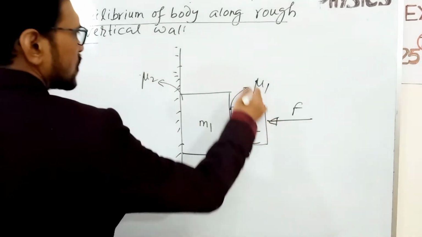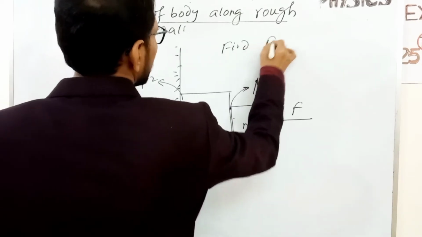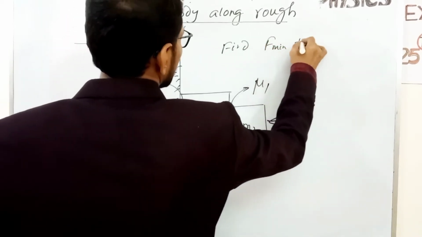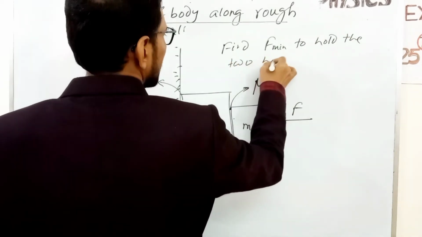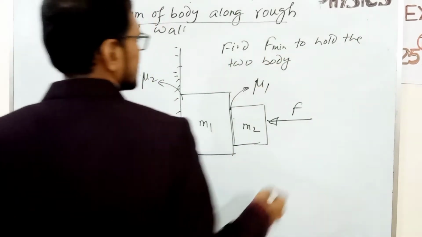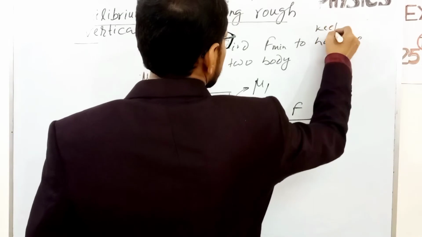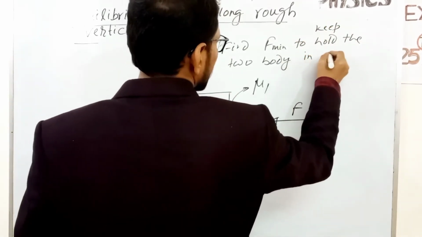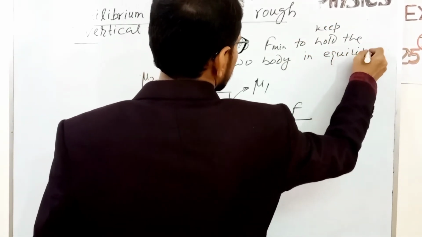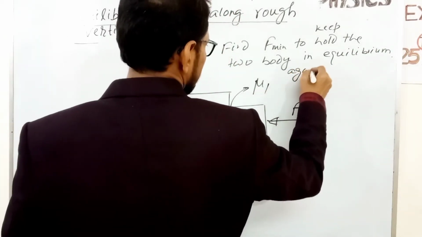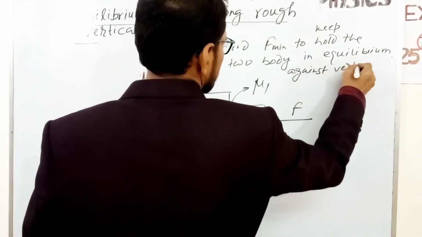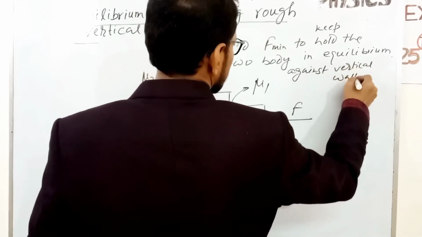Now what is the force required? Find F minimum to hold the two bodies in equilibrium against the vertical wall. So this is the question.